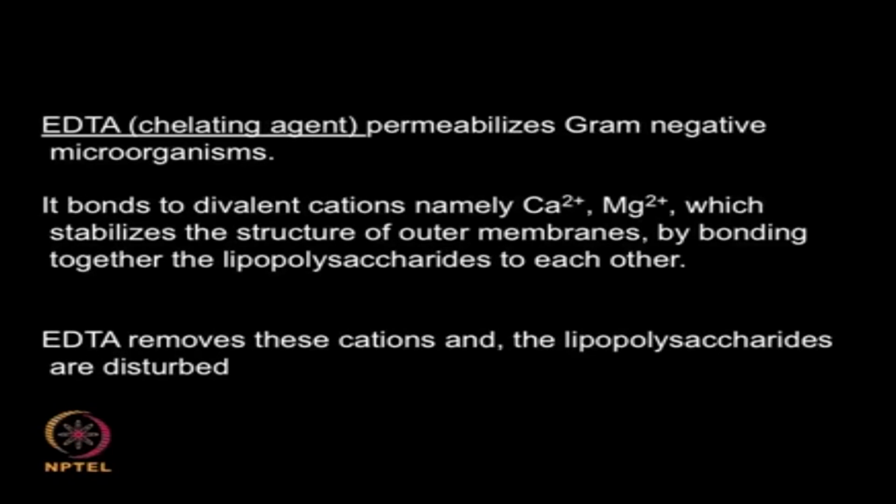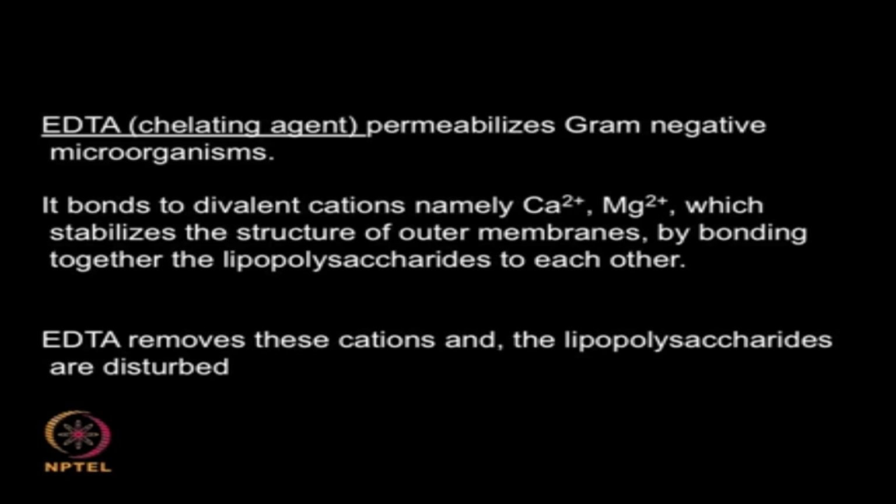EDTA is a very common permeabilizer. It is a chelating agent, and it is very good for gram negative organisms. What it does is bind to divalent cations like calcium and magnesium. These calcium and magnesium are present on the cell surface and stabilize the structure of the cell surface, especially the outer membrane. They bond various lipopolysaccharides together.